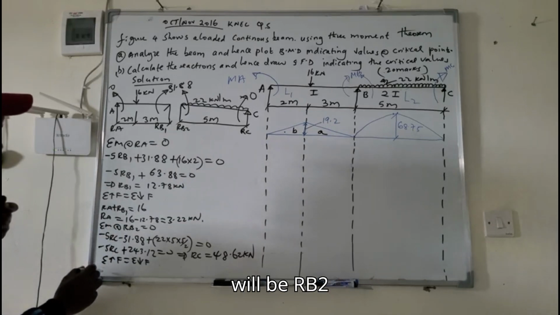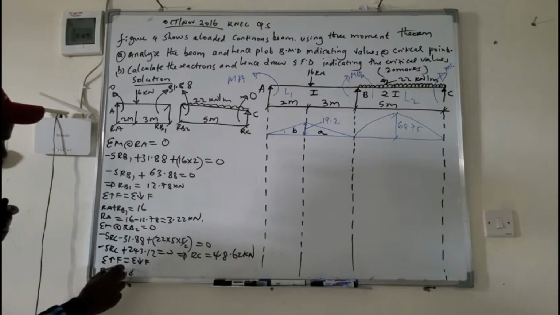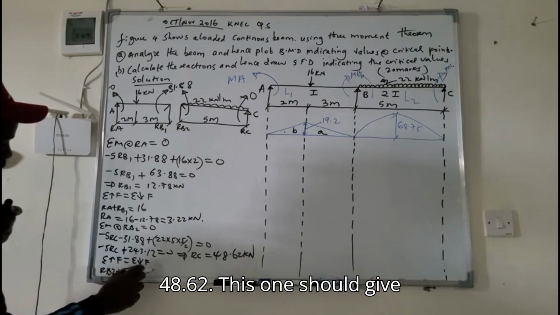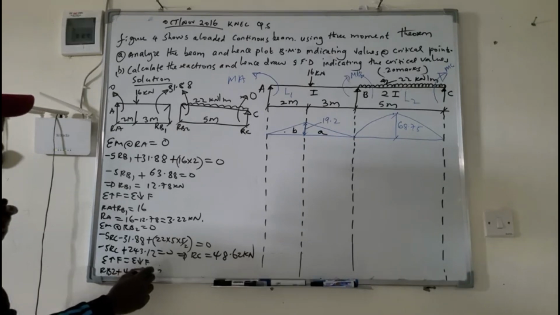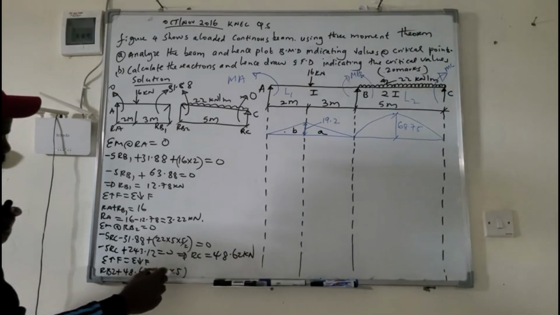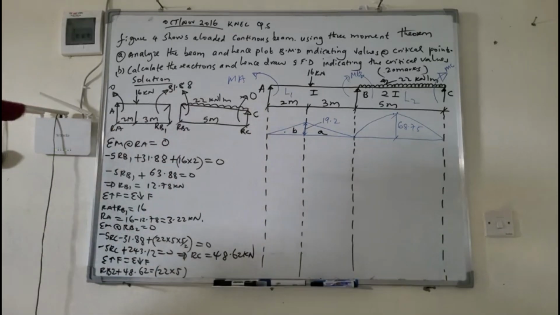So it will be RB2 plus RC, which is 48.62. This one should give you 22 times 5, because the downward force is a UDL.